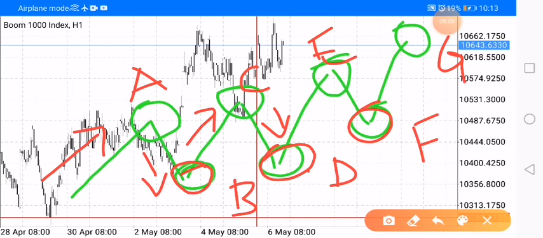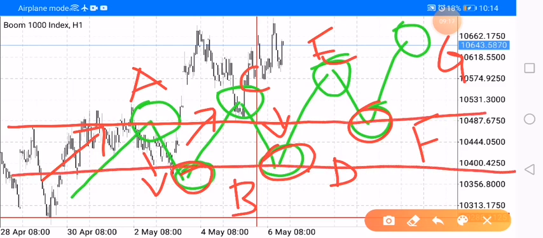Even if you draw a line here, okay, and then let's draw a line here. Okay, see that C, pun intended, see that C is a higher high than A.